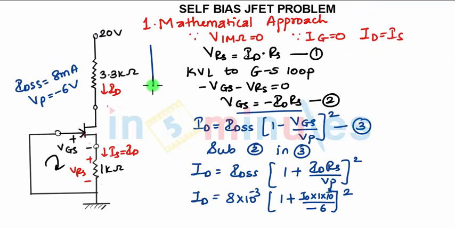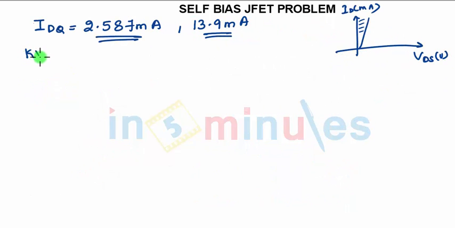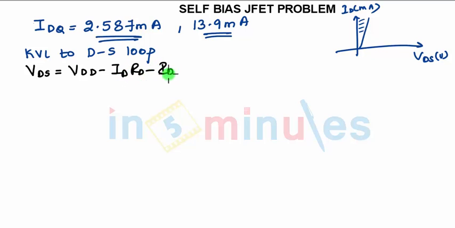When you apply KVL on this side, it will be 20 minus 3.3 into IDQ, then minus VDSQ, minus IDQ into 1 into 10 raised to 3 equals 0. So writing this equation again, KVL to the drain source loop, VDS equals VDD minus ID RD minus ID RS.